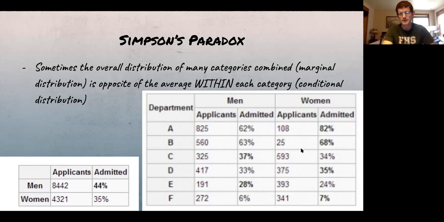I don't know what happened, but this is a real story. Women preferentially applied for departments C through F with lower acceptance rates. That's how this happens. If they had applied more for departments A and B, then we wouldn't have seen this discrepancy in the overall amount. Okay.